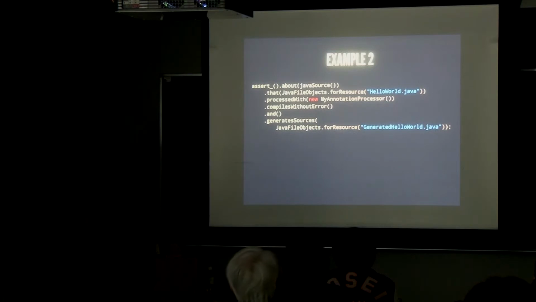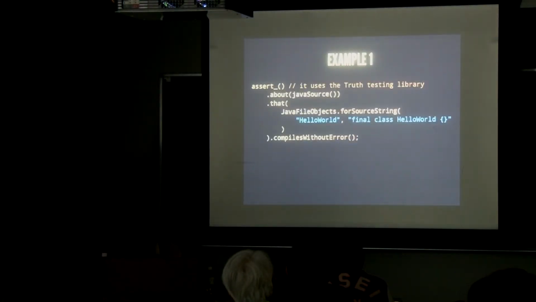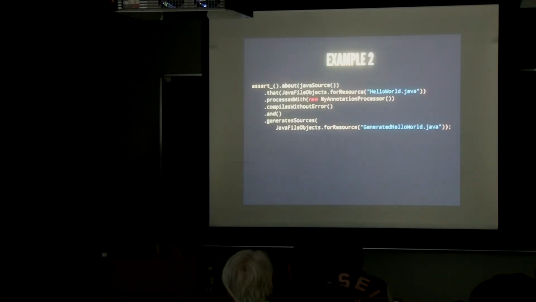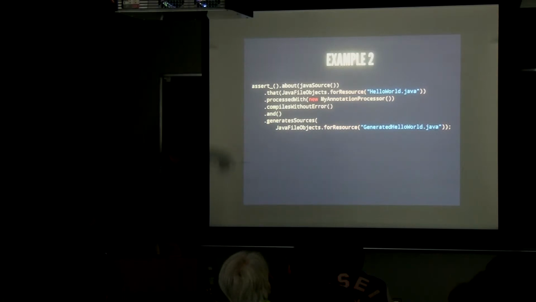Another example, which actually tests an annotation processor. Here we actually read a file from a resource, a test resource. Here we were actually writing the file directly, since it was so small. Here we read the file, we process it with the annotation processor that we defined, and then we verify that the output compiles without error, that the HelloWorld file compiles without error, and that the generated sources actually compile without error.